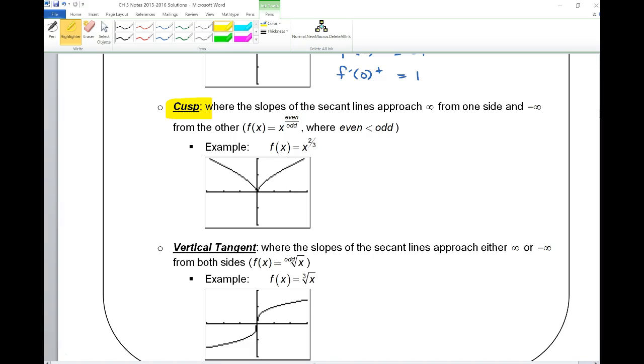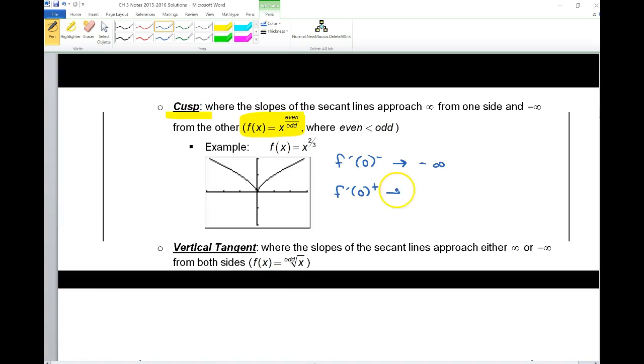What's the difference between that and the absolute value? Isn't that kind of like a corner? Okay, so let me explain. From the left, the derivatives are, I'm not going to put equal, but approaching negative infinity. From the right, it's approaching positive infinity.